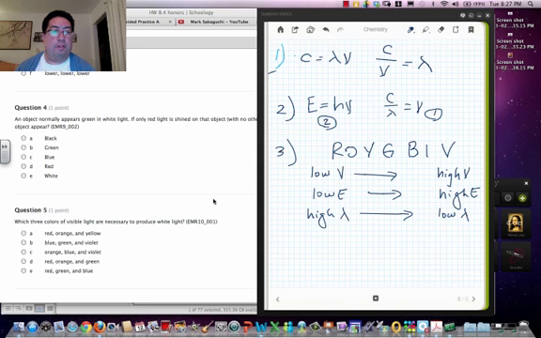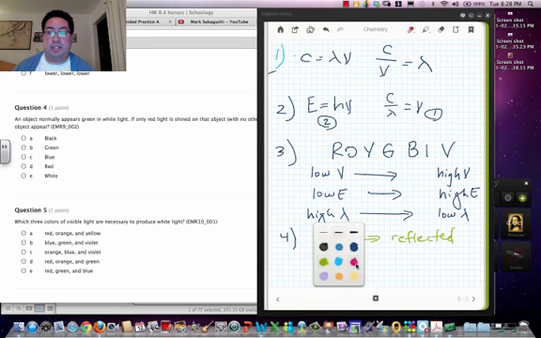Moving on to number 4. For this one, we have something that normally appears green in white light. So here we have our green object. The reason this works is because green is reflected back to our eyes and everything else is absorbed.